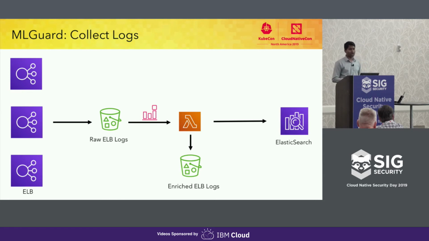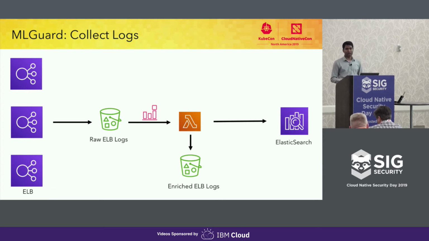All the logs are provided by AWS, and these logs are stored in an S3 bucket. We call them raw logs because that's the log that AWS provides. But then we use event-driven Lambda functions on top of this S3 bucket, and this Lambda's job is to enrich the data that we get from AWS.